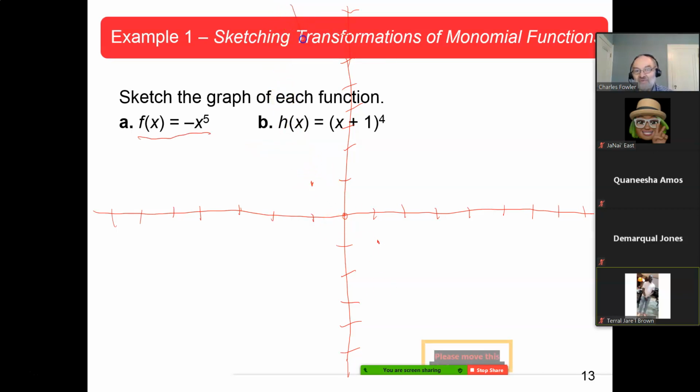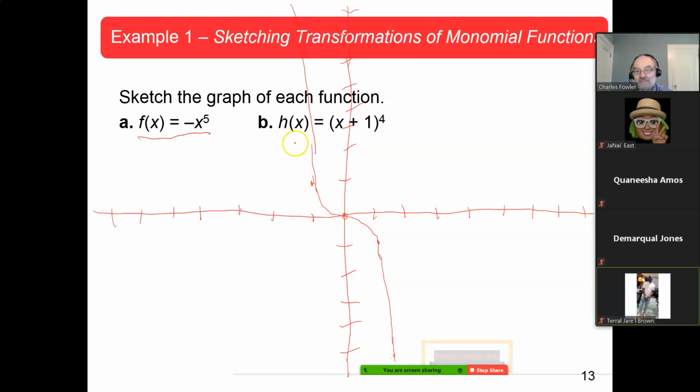So here's what the graph looks like. Kinda. I can't draw these very well. Comes down really steep there, flattens out quite a bit here, and then goes really steep here because before it gets to x equal 2, it's going down to y is equal to minus 32. So that's the first graph.